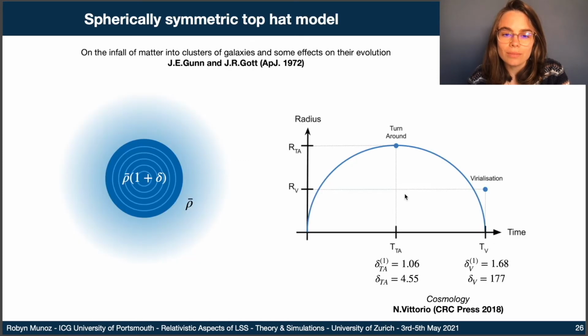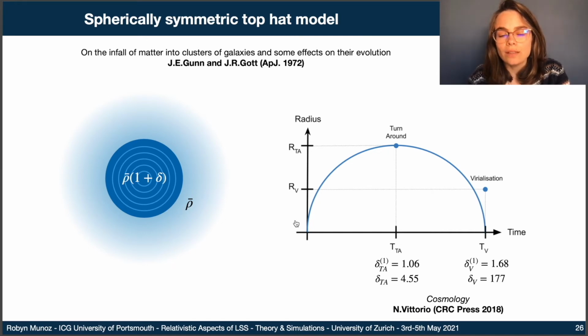So before that, a bit of theory. So the top hat model describes a perfectly spherically symmetric overdensity in a background universe. And so if you were to take a one-dimensional cut of this distribution, you will see that it creates a top hat, hence the name.